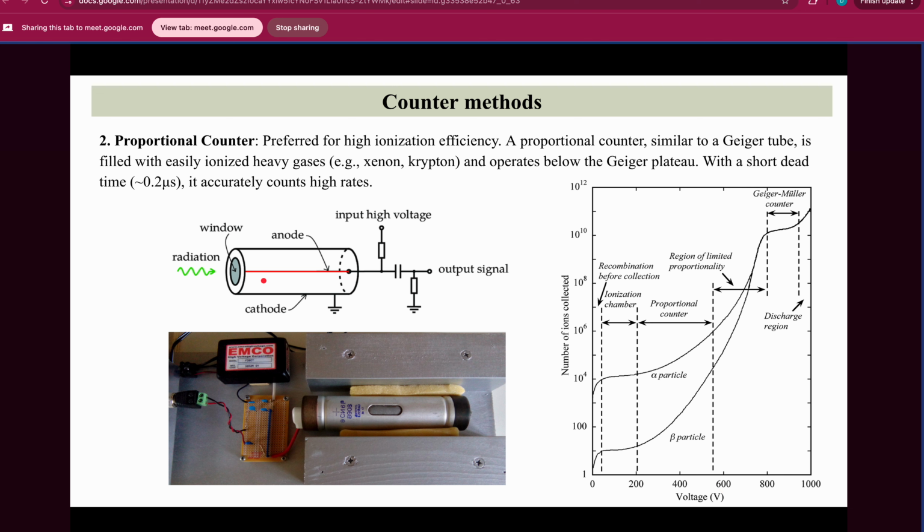And this shows how the radiations are coming. This is the window, and the central anode is positively charged. As soon as the radiation enters, it will try to ionize the xenon or krypton gas which is filled inside the tube. That gas will get ionized and generate electrons. All those electrons will come to the anode, and because the electrons are attaching to the anode, some pulse will be generated which will be captured.